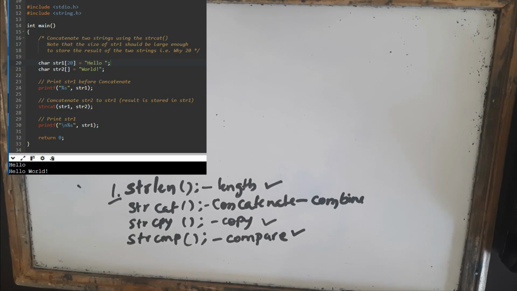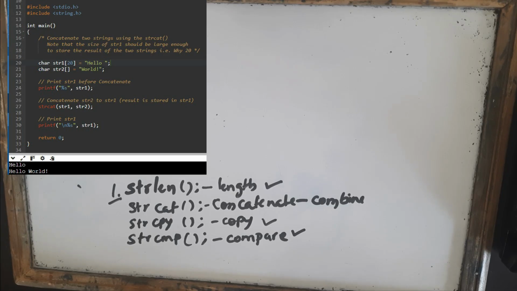Next, in the second example, you can see strcat, string 1 comma string 2. That means string 2 will be appended to string 1 itself. And then print string 1. When you print string 1 after combining using the strcat function, now you can see hello and world both are combined and copied into string 1.